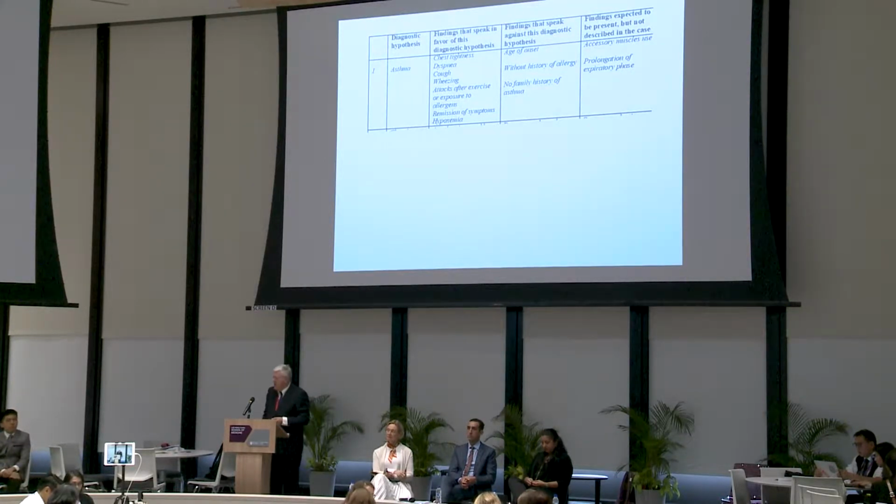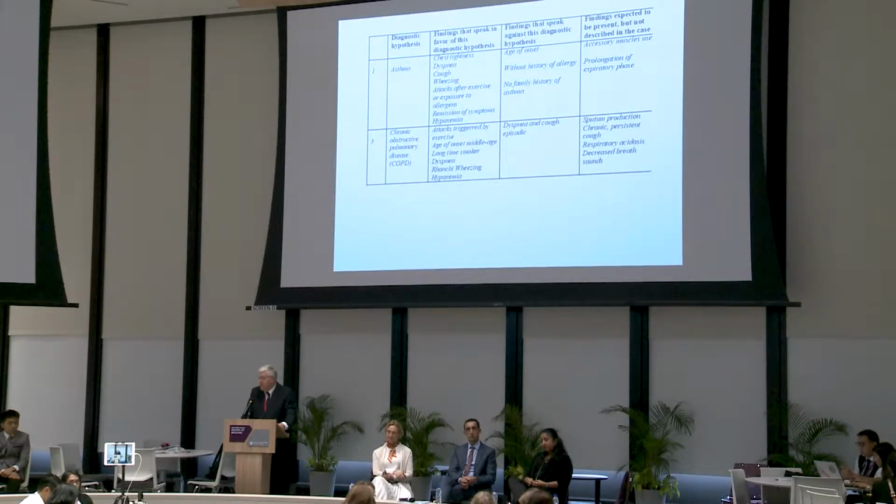And then we would ask, while doing this, is there some other diagnosis that comes to mind? And in most cases there is. And then we go over the procedure again. In this case, the person came up with the idea of COPD as an alternative hypothesis.